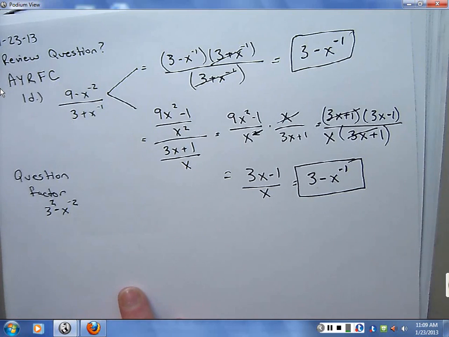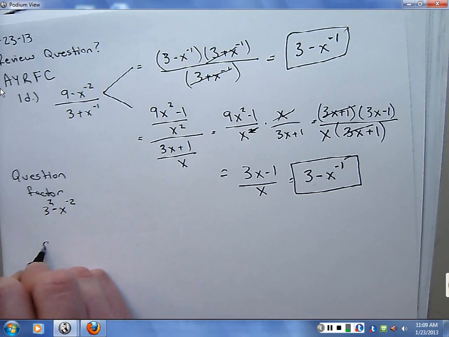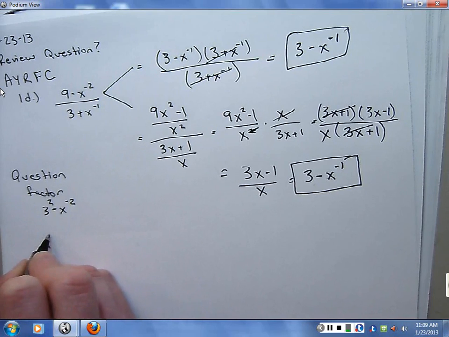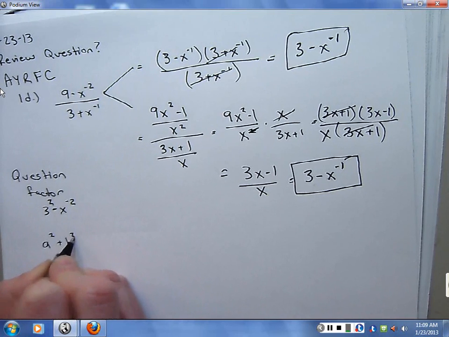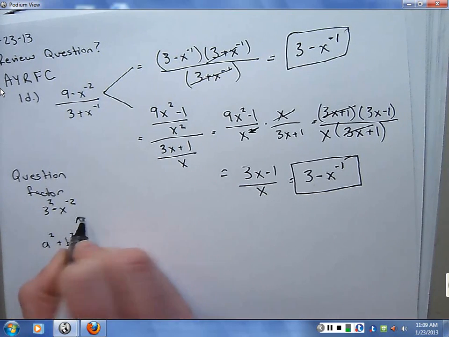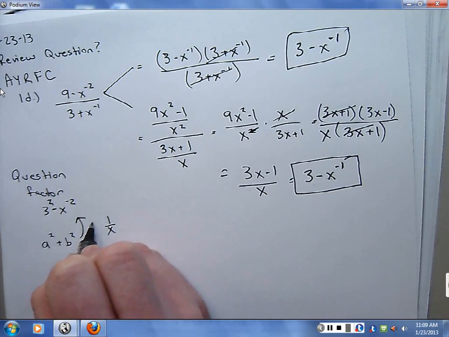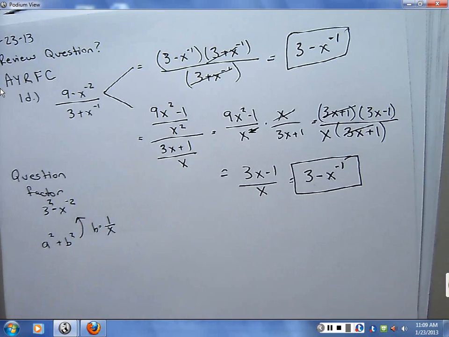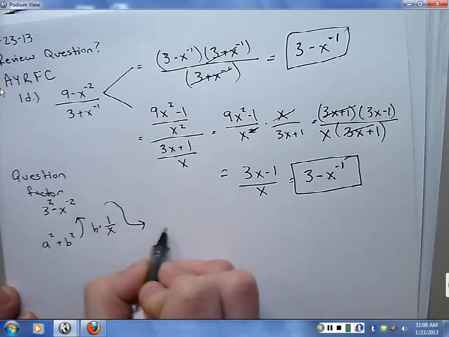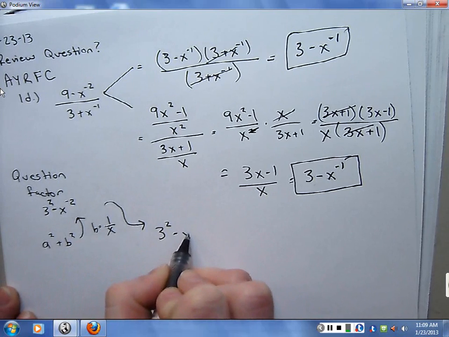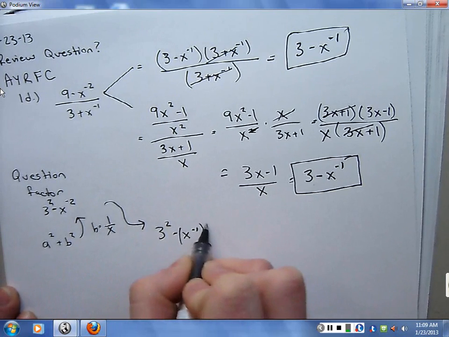That's fine. So here, anything in the form a squared plus b squared. So here the b, what is b? It's 1 over x. Yeah, so it is squared. Does that make sense? I could rewrite this as 3 squared minus x to the minus 1 squared.